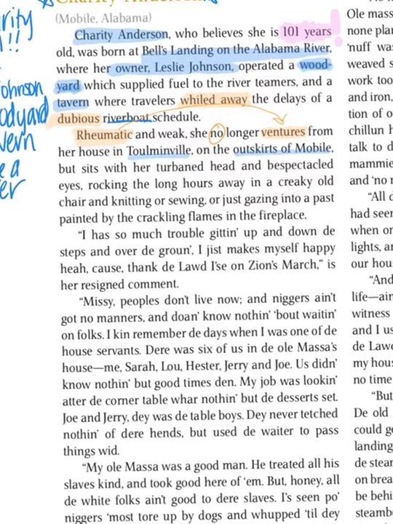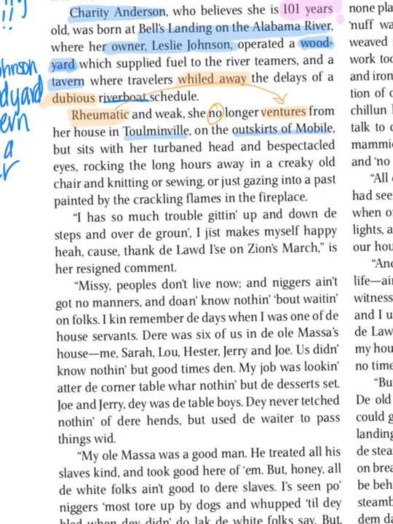All right, she sits with her turbaned head and bespectacled eyes. Anything surprising here? I don't really think so, but I do have connections. I'm seeing an image. She has a turbaned head. She has bespectacled eyes. She's rocking the hours away in a creaky old chair. This is a ton of imagery. I can picture this old woman with a turban on her head.